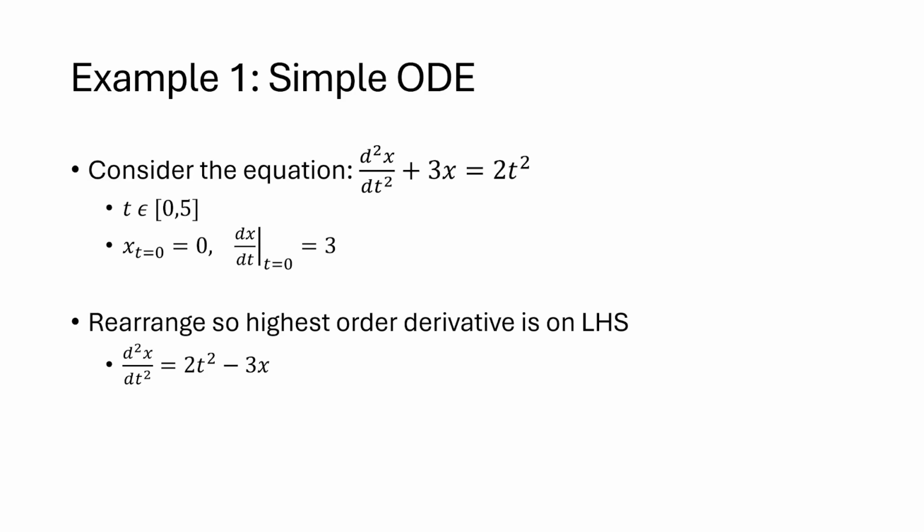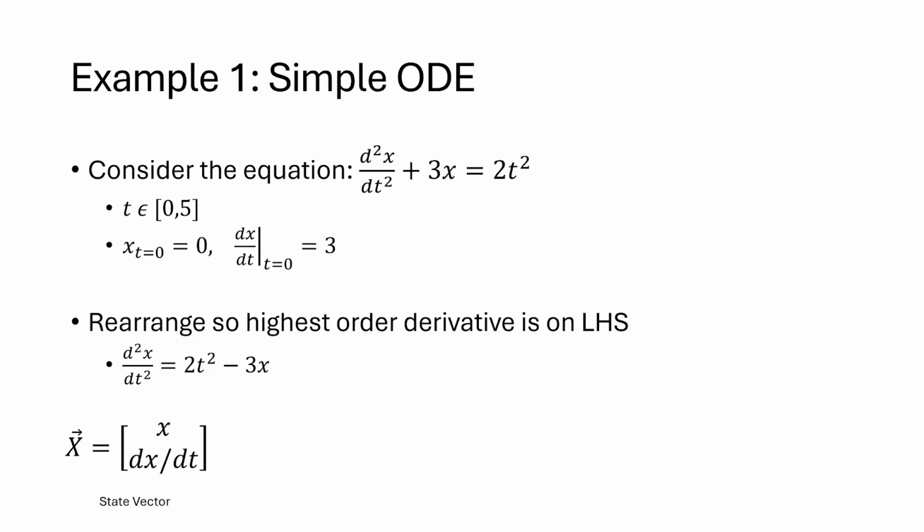Our initial conditions at t equals 0 are x equal to 0, and dx by dt equal to 3. We want to rearrange so that the highest order derivative is on the left-hand side of the equation, and we get the equation you see here down below.